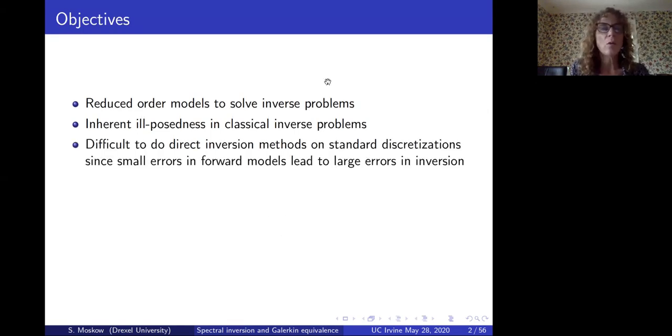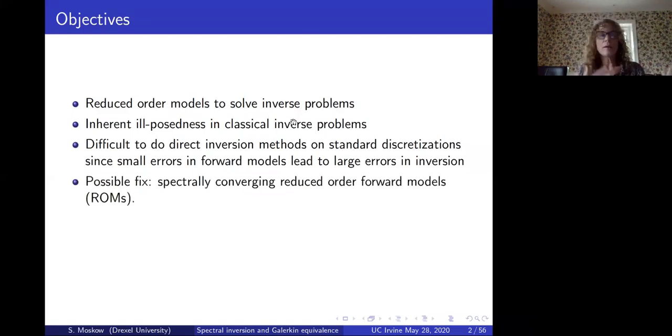Because of this, it's very difficult to do direct inversion methods if we just use a standard discretization of the PDE and then try to do some kind of optimization to reconstruct the coefficient. It just doesn't work because of this ill-posedness, because small errors in the forward models lead to large errors in the inverse model.